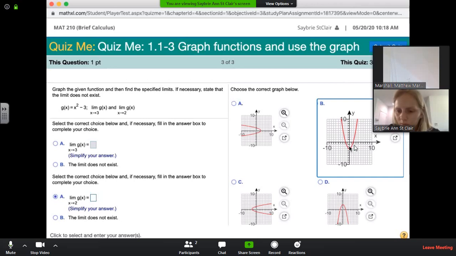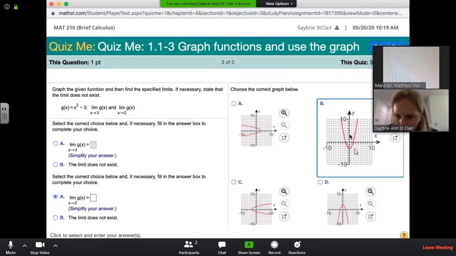So do you see your pointer? Can you put your pointer on positive 3 on the x-axis? Right, one more dot, there you go. And then go straight up and hit that red line. And then look to your left and see what that number is on the y-axis. What is that? Is that 4?